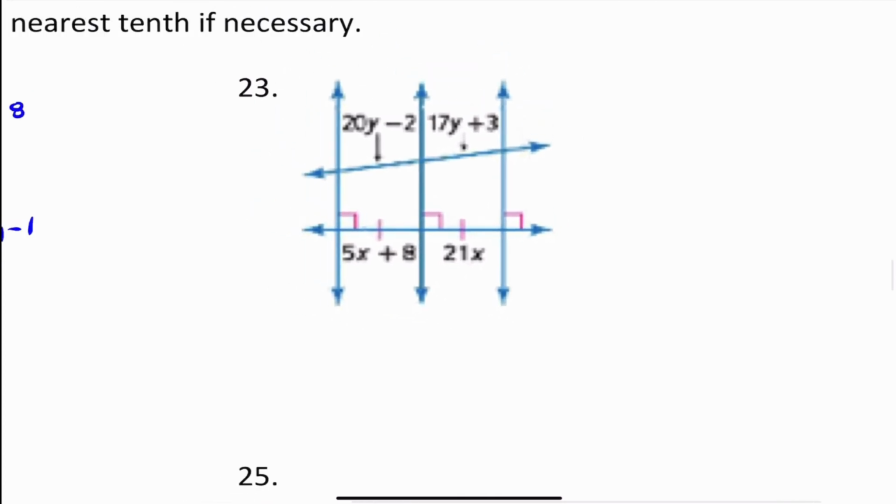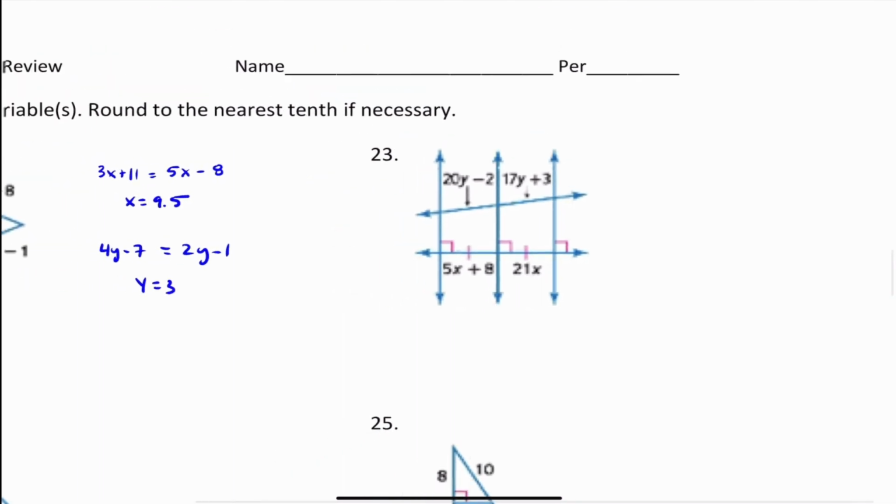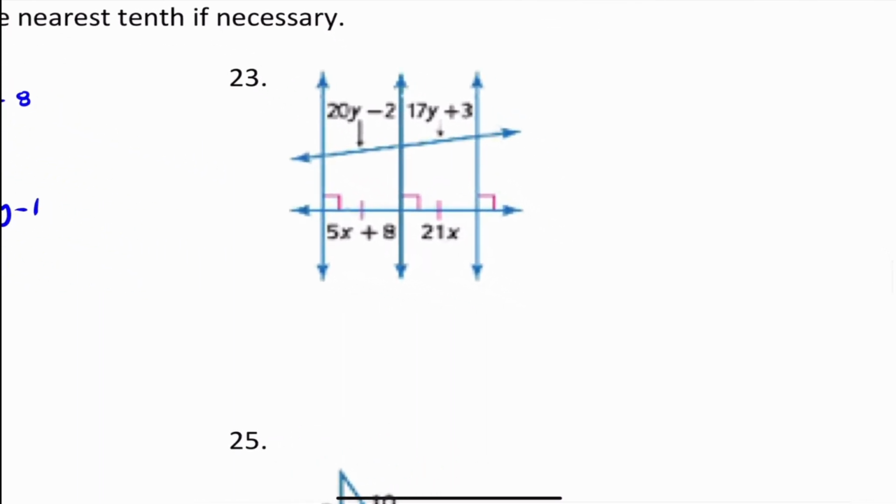Great, so for this one, what do I have to do? Because this segment is perpendicular to this segment, these angles are 90 degrees, and that means that all of these should have the same slope.